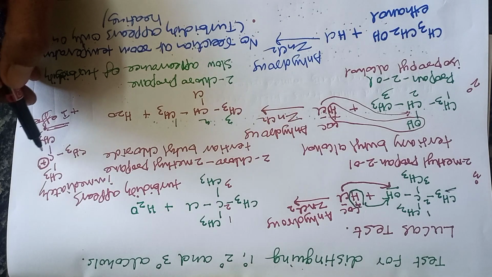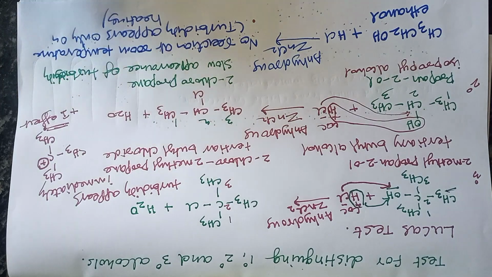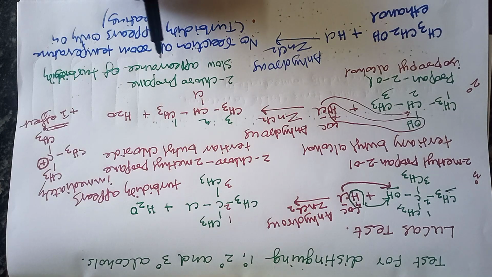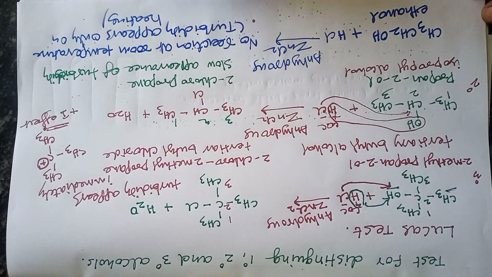Secondary alcohols form turbidity within 10 minutes. Primary alcohols show no reaction at room temperature; turbidity appears only on heating. Very important as a NEET oriented 1 mark question. These are very important topics. I hope you understand, student. Thank you.